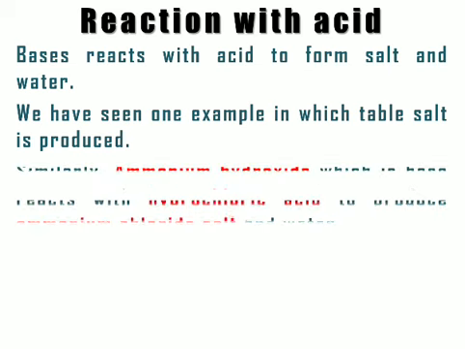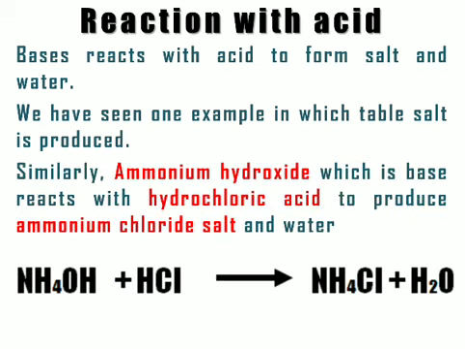Here I am going to take ammonium hydroxide as a base and hydrochloric acid. So we have changed only the base. Now the reaction between base and acid will take place, and ammonium chloride salt will be produced with water. This is again a type of neutralization reaction in which heat is also produced, but not in that amount. So this is a neutralization reaction.